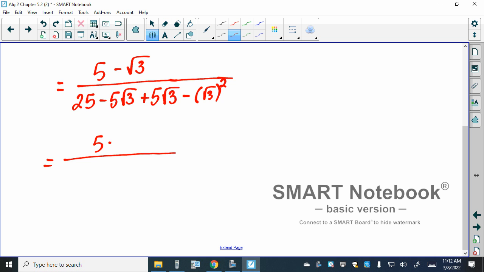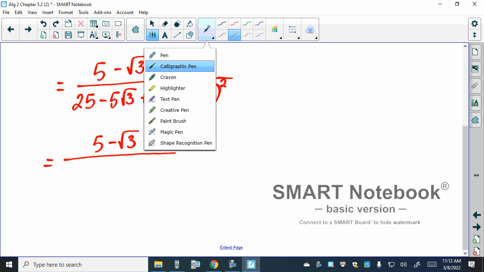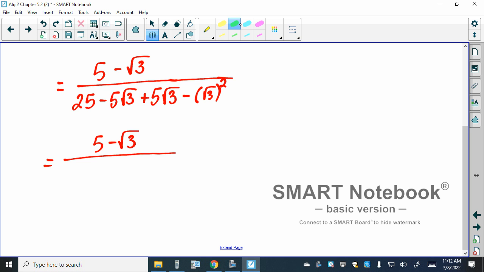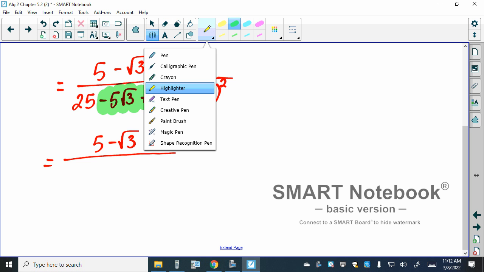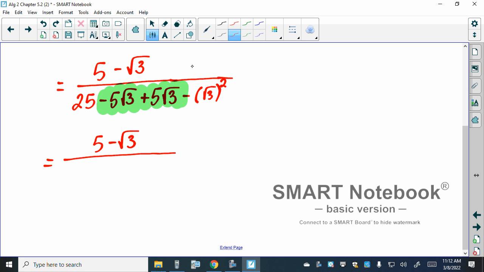Numerator still 5 minus square root of 3. Our middle terms, the negative 5 square root of 3 and 5 square root of 3 become 0, because if we add them, it would become 0. So those are gone. We still have the 25 minus, what is the square root of 3 squared?